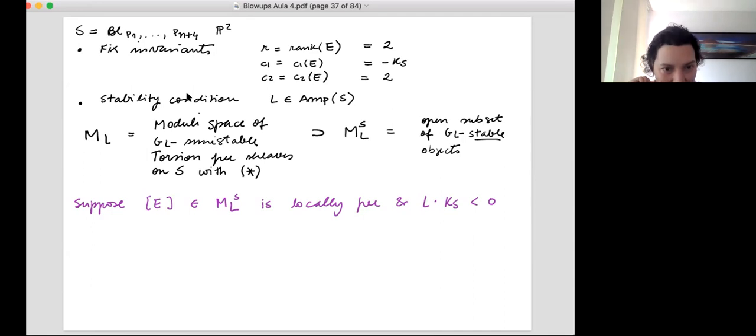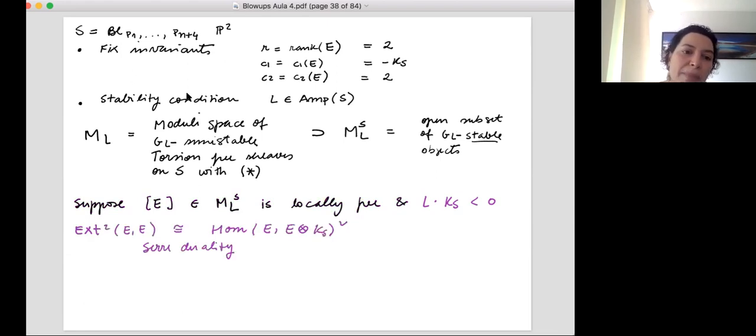So let me take a stable torsion-free sheaf E, and let's assume, for simplicity, that this E is locally free. And now this is going to be something important. I don't want to take any polarization. I take a polarization L that has a negative intersection with the canonical class. So let me also impose this condition.